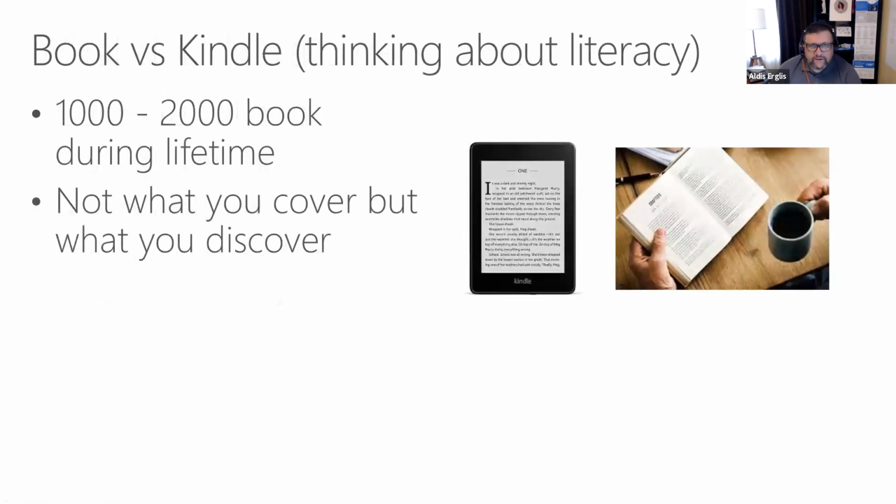This Kindle book versus paper book point comes from Noam Chomsky. In an interview he said that when reading on a Kindle, you are just clicking through pages and you forget what you read a couple of moments ago.